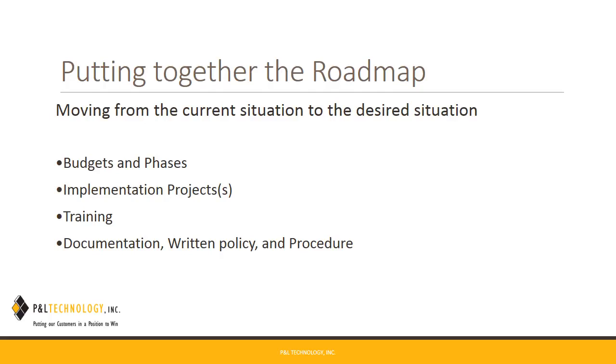And then we talked at a high level how to put together a roadmap with phases in order to address those types of shortcomings. What I'm going to do now is turn it over to Jake from P&L Technology, and he's going to show some specific IT systems, again, if you remember back from the first slide, that we found typically have just become a real keystone of the nonprofit world for various reasons. So with that, Jake.